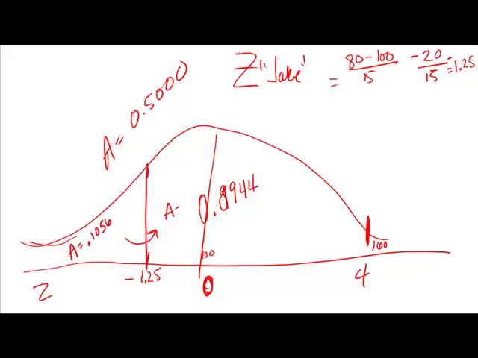Okay. So this is a z-score. All we're doing is comparing a number that we observe to the mean, right? And again, when I say the mean, I think the mean. Hopefully it's the population mean.